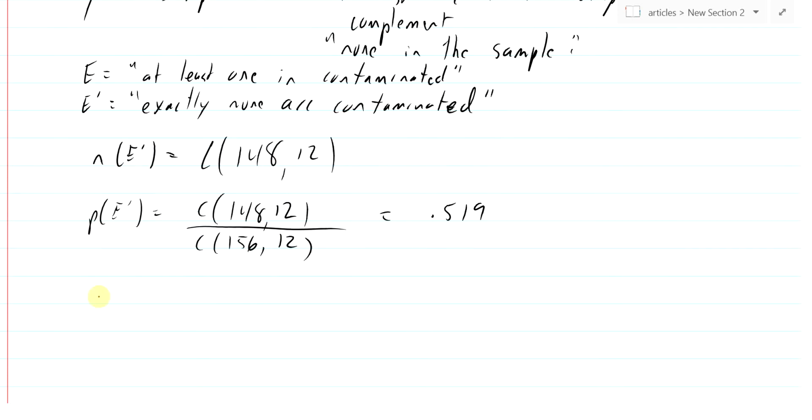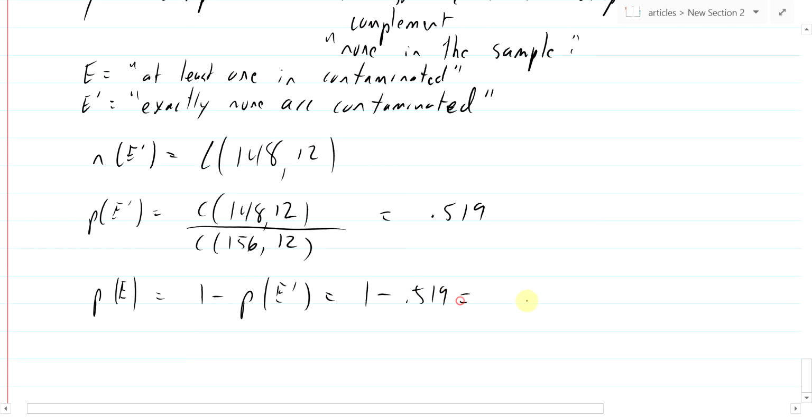So what's the probability of having at least one contaminated donut? Well, that's 1 minus P of E prime, and that is 1 minus 0.519, which is 0.481. Right? So a 48% chance of getting at least one contaminated donut.